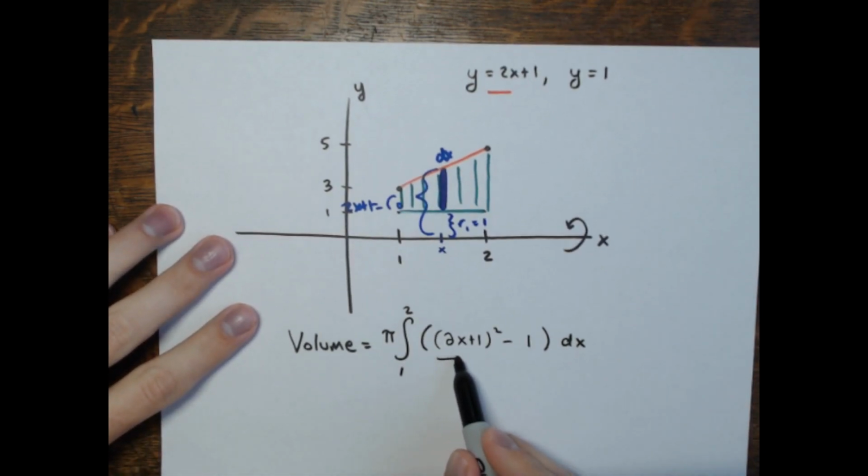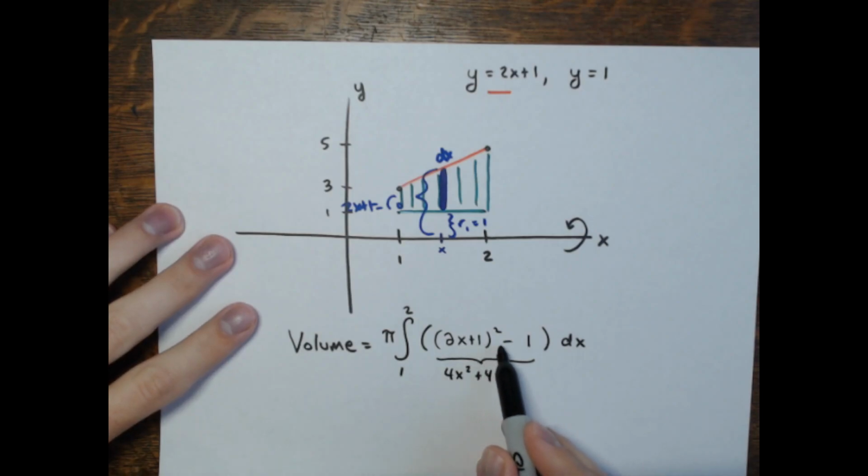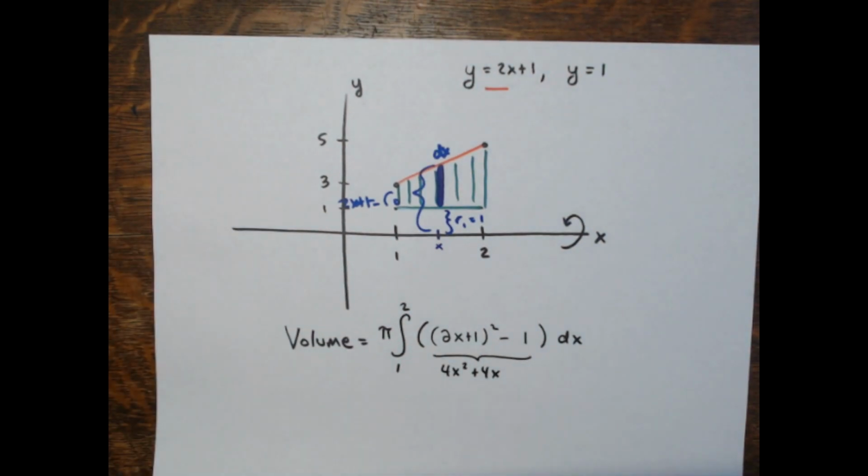And this expression here would be 4x squared plus 4x, and then plus 1 minus 1. So this is 4x squared plus 4x.